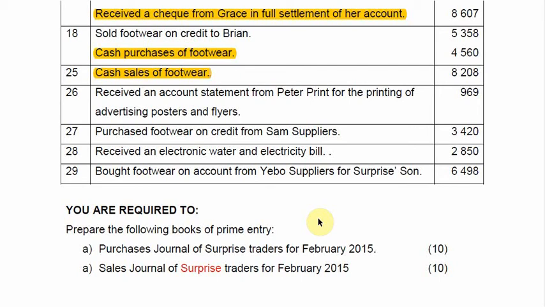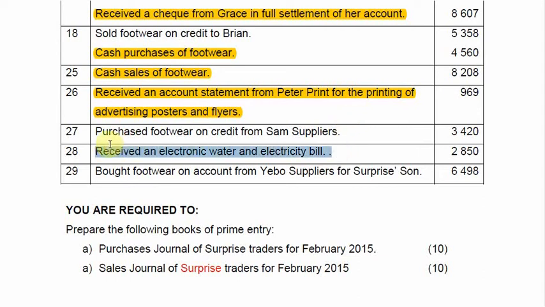That will not go into my purchases or sales because it does not relate to inventory or the sale of inventory. Then number 27, purchased footwear on credit from Sam Suppliers. Yes, that will go into my purchases journal because it is on credit and I'm buying footwear, which is my inventory. On the 28th, they say received an electronic water and electricity bill.